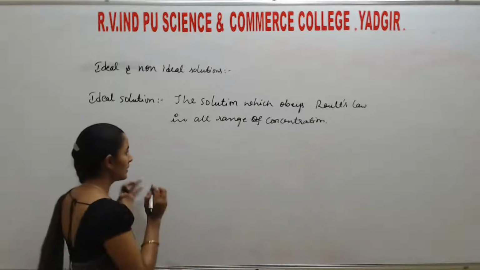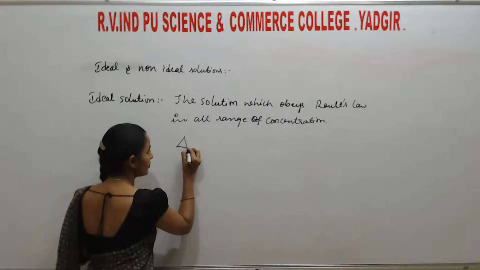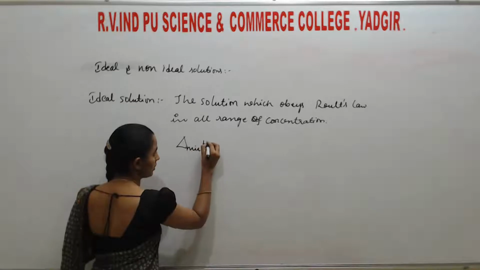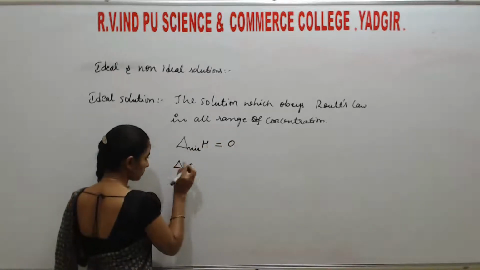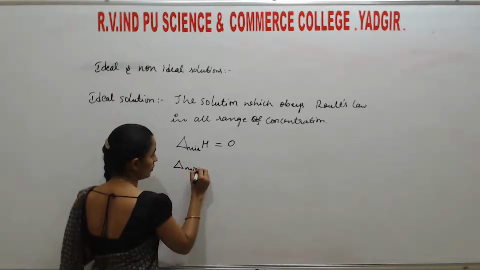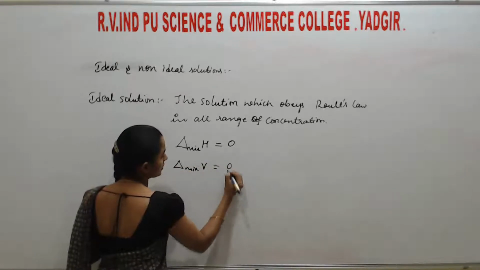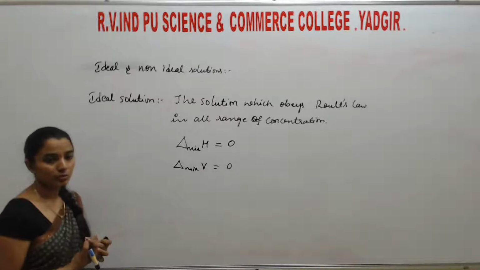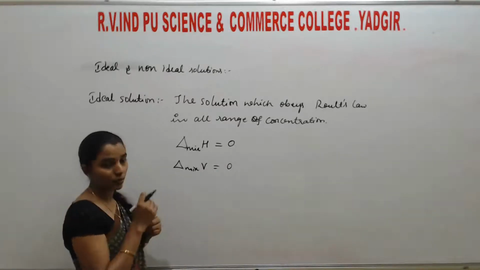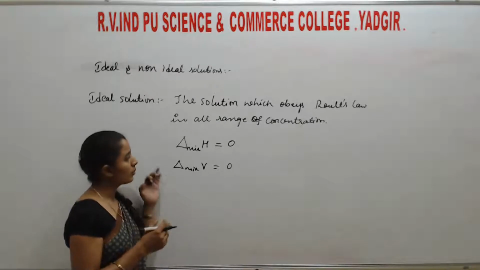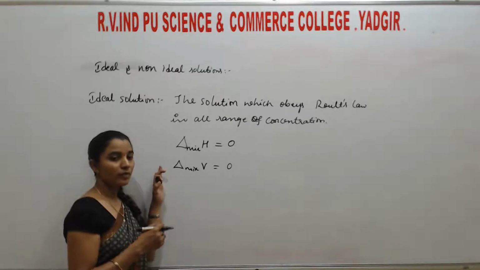Here the heat exchange of mixing is equal to 0, and the change in volume of mixing is also 0. Why? Because this ideal solution obeys Raoult's law, it shows almost the same type of vapor pressure.